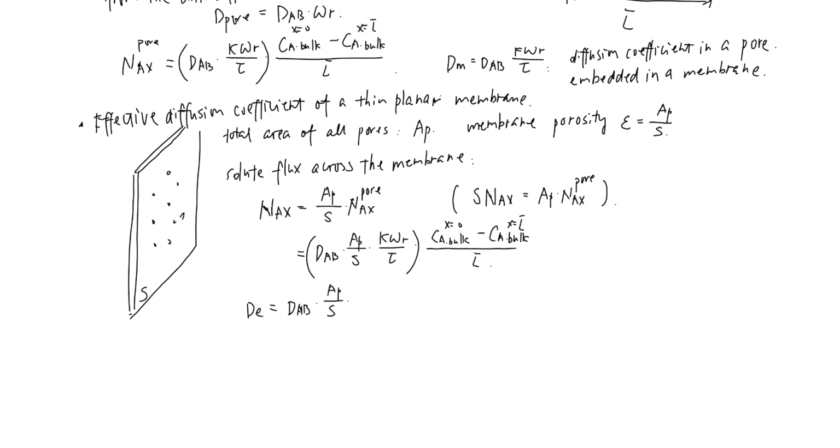If you want to write it in terms of the porosity, you can use epsilon. And again, K is the partition coefficient, omega R is the hindering factor, and tau is the tortuosity.